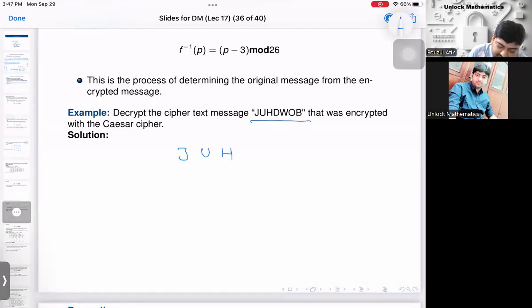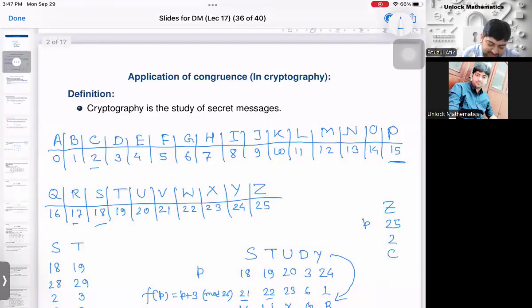JUHDWOB. Now, what are the corresponding numbers?